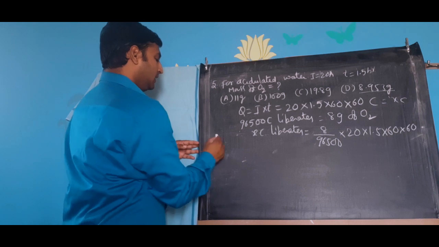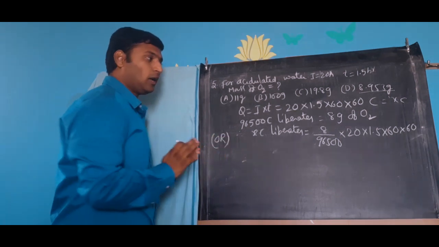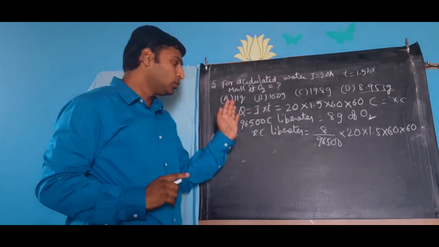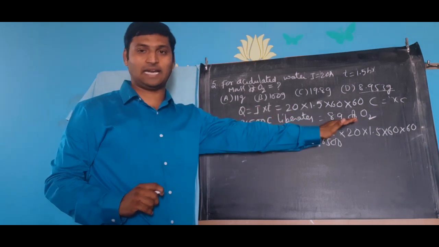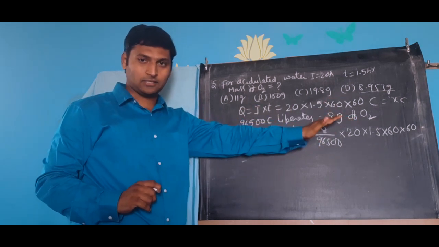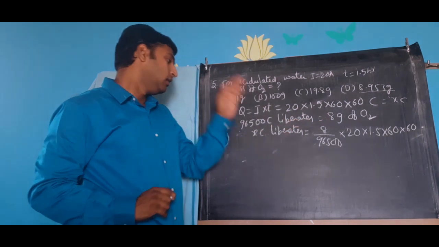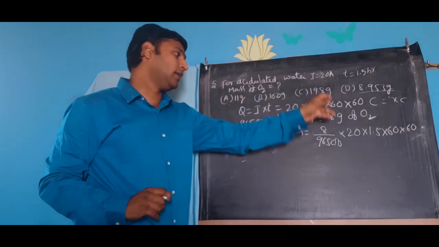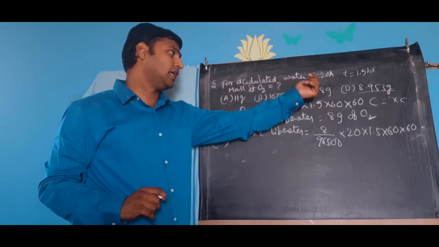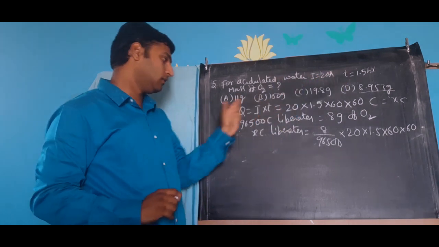The other method of solving it: here what we did, we knew that 96,500 coulombs liberates 8 grams because 8 is the equivalent mass of oxygen. Then we calculated how many coulombs of charge are given by multiplying current and time, and we solved it.